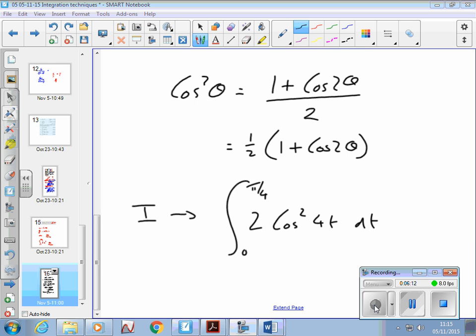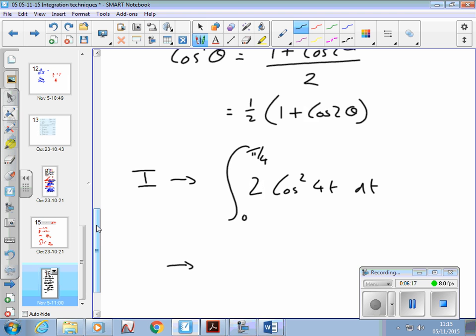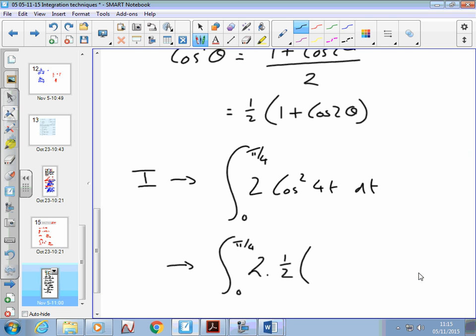So now looking back at the original integral, I can replace it with 2 times a half of 1 plus cos 2 times 4t, dt.